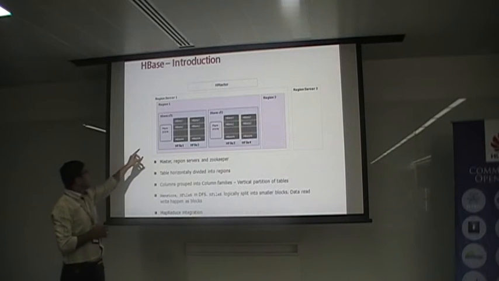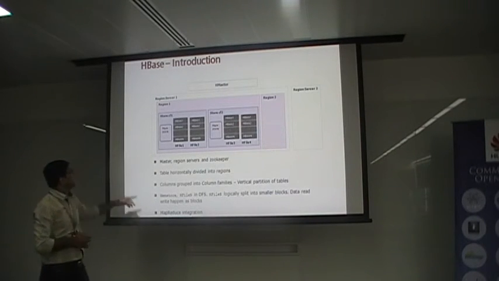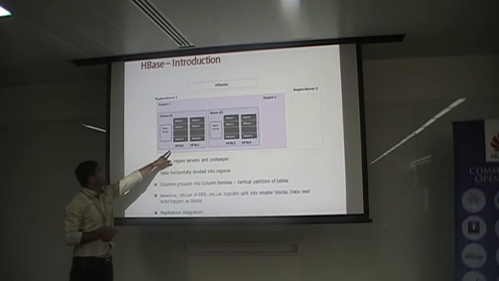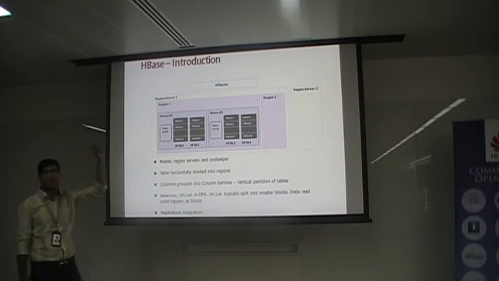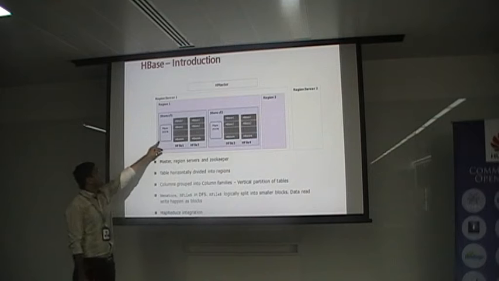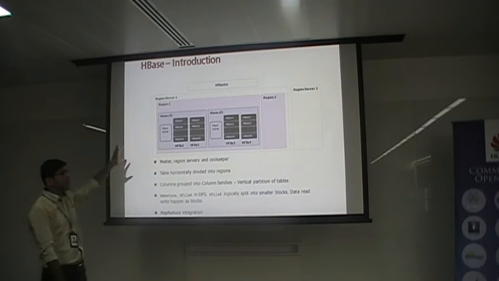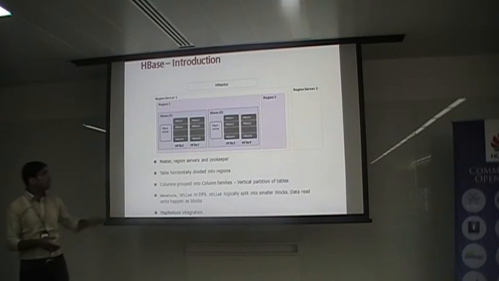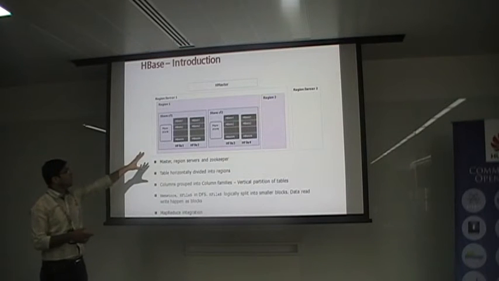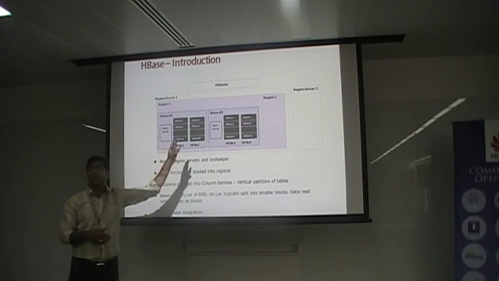If you see the internal structure, each region is backed by an HFile, which internally is many HDFS blocks, and it also has a MemStore. So whenever you put any data, first it goes to memory, then it will be persisted to the HFile. So this is the overall region server structure, wherein a region server is hosting many regions.